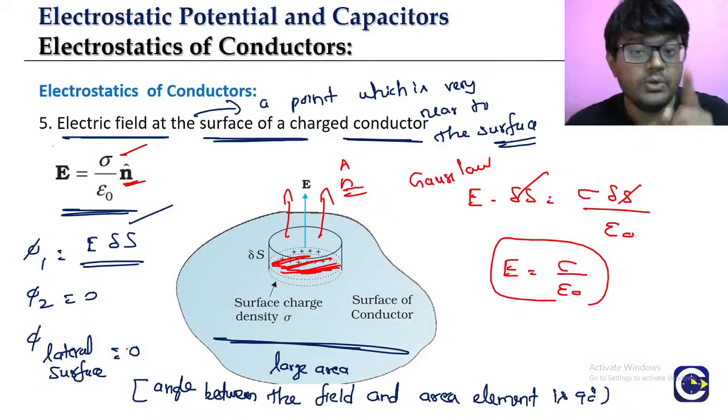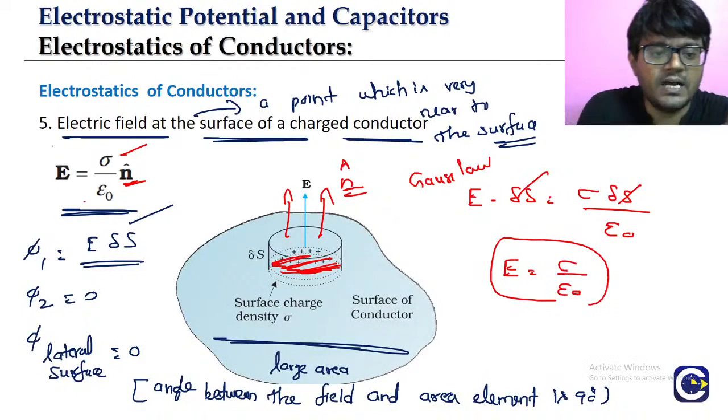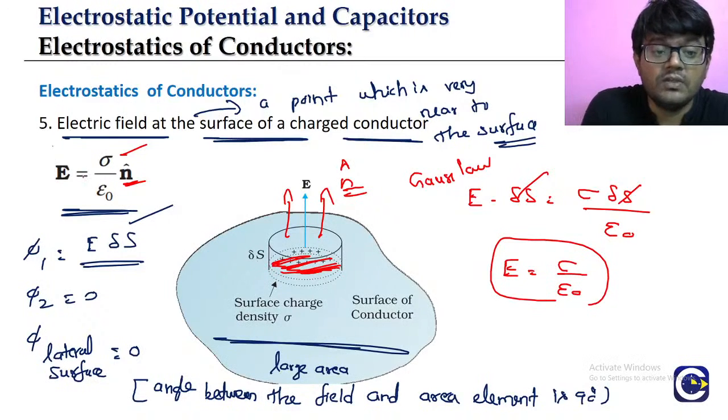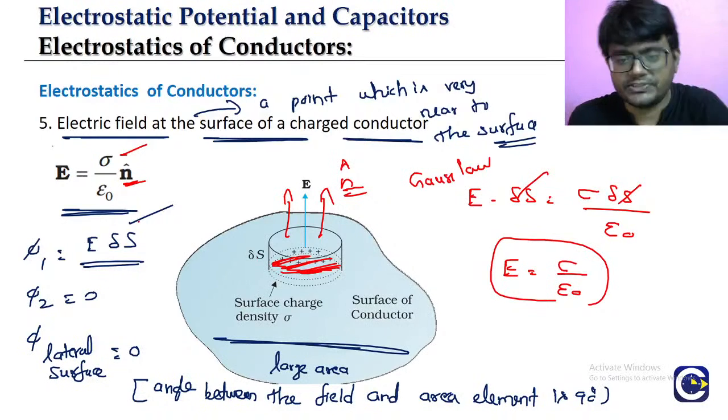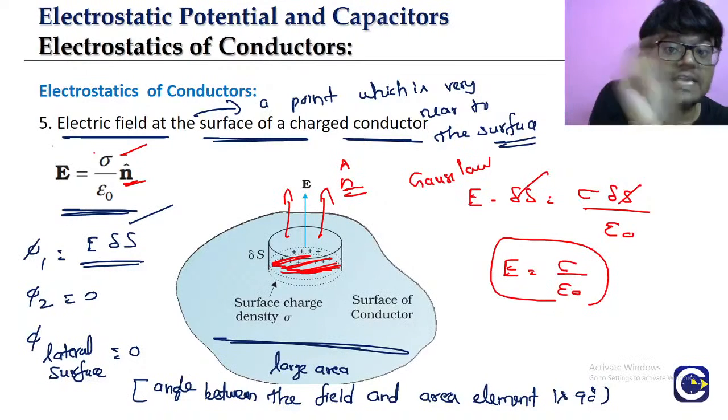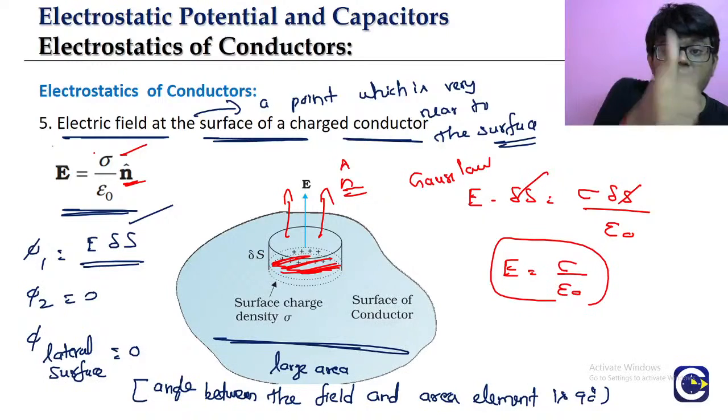If sigma is positive, E will be perpendicularly outwards. If sigma is negative, meaning the charge on that surface is negative, then E will be perpendicularly inwards. So a minus comes here. When you take the sigma value with sign, it automatically adjusts. n cap is the unit vector along the normal to the surface. Okay?